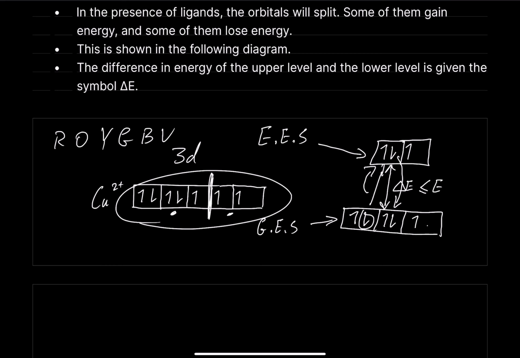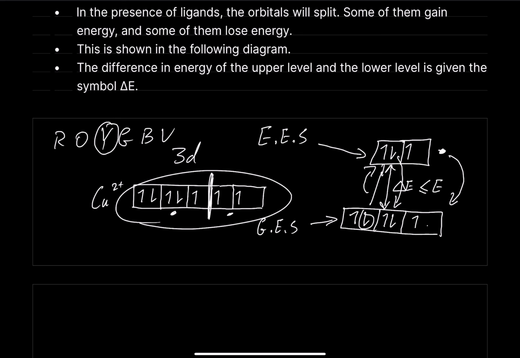Let's just say it's absorbing yellow and reflecting back everything else. As this electron gets de-excited, remember it's going from a high energy orbital back down to a lower energy orbital, so it's losing energy.